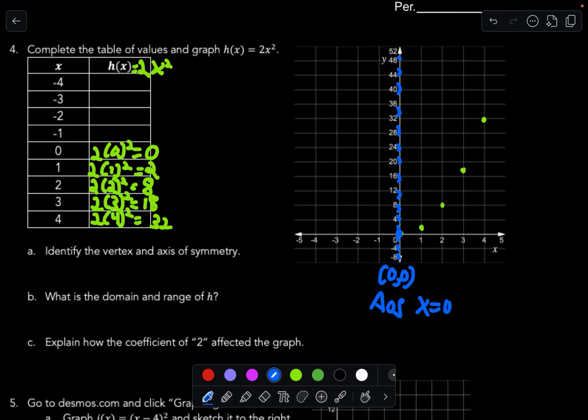So it will be 2 here, 8 at x equals -2, 18 at x equals -3, and 32 at x equals -4.